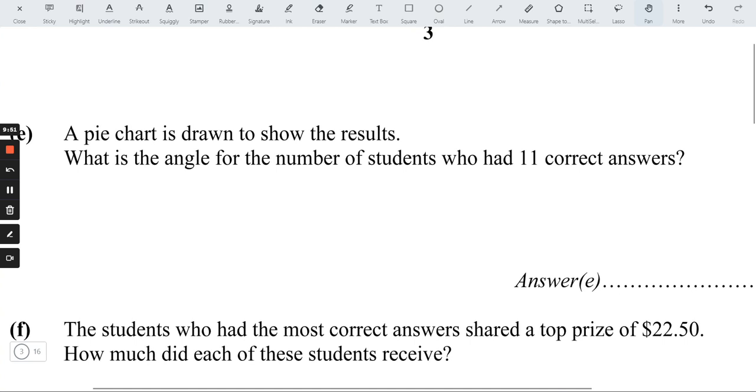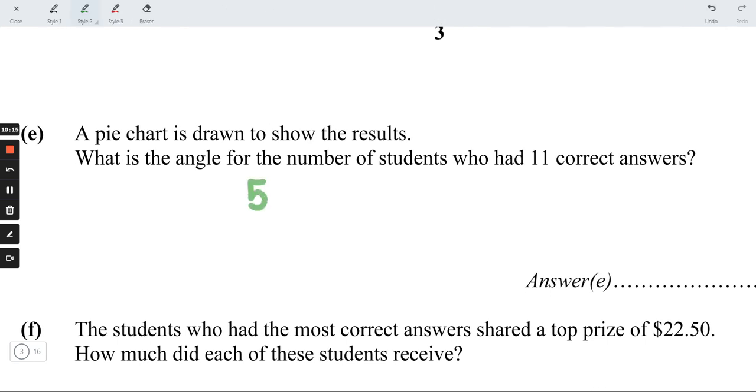The pie chart is drawn to show the results. What is the angle? We know that the angle is the frequency over the total number of students, then multiplied by 360. So for 11 correct answers, the frequency is 5 students.